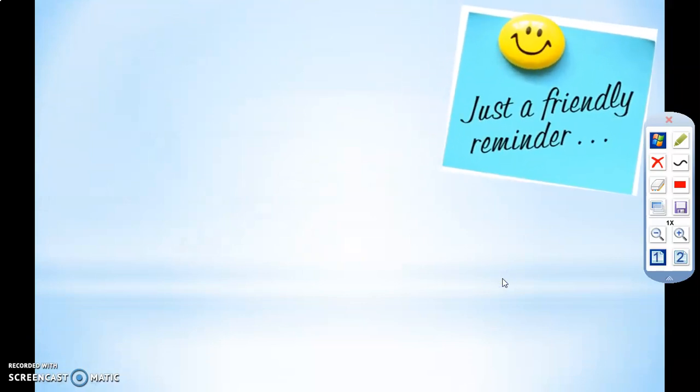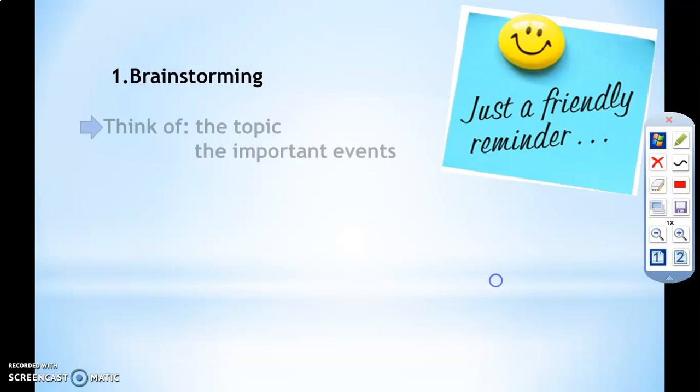So do you remember the steps that we should follow to write a personal narrative paragraph? So let me remind you. First, we said we have brainstorming. What do we mean by brainstorming? In brainstorming, we write down all the ideas that come to our mind, all the possible topics that we want to write about, okay?